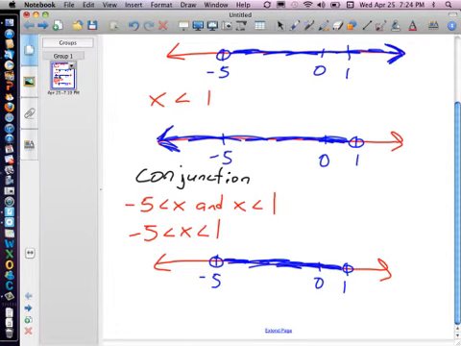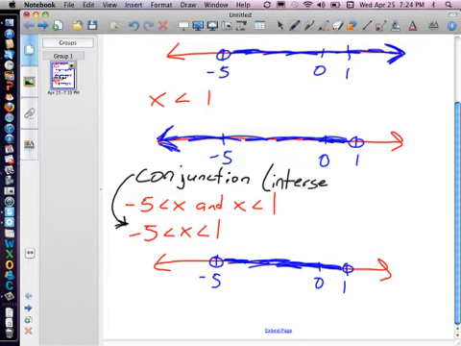So that is showing that x is greater than negative 5, and it is also less than 1. That's called a conjunction. Right, let me point to it. It's also called an intersection as well.